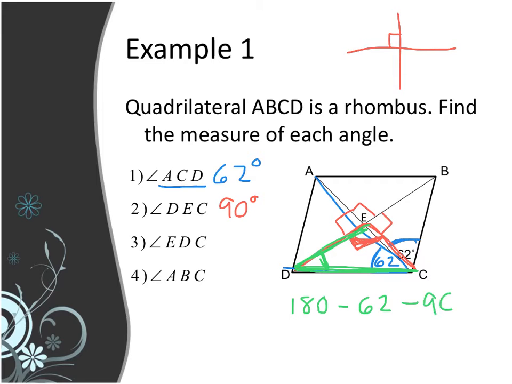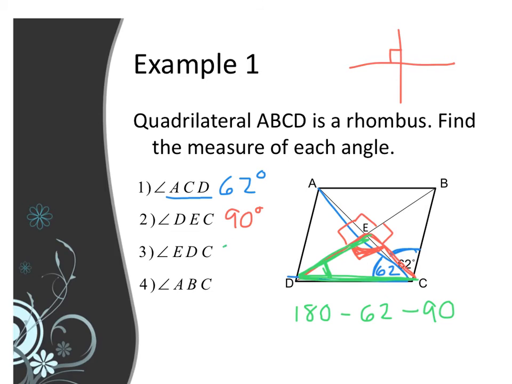Why minus 90? Because we have a triangle here. Remember, all three angles in the triangle add up to 180. We know two of them are 90 and 62, so the third one's going to be 180 minus 90 minus 62. The answer is 28.